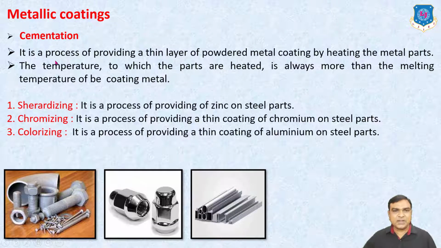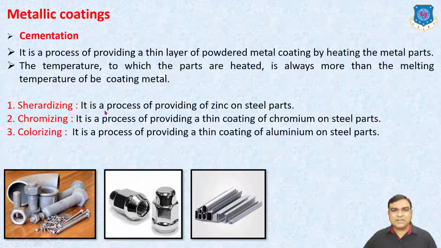Cementation. It is a process of providing a thin layer of powder metal coating by heating the metal parts. The temperature to which the parts are heated is always more than the melting temperature of the coating metal. Sherardizing, chromizing, and calorizing are three methods of cementation.